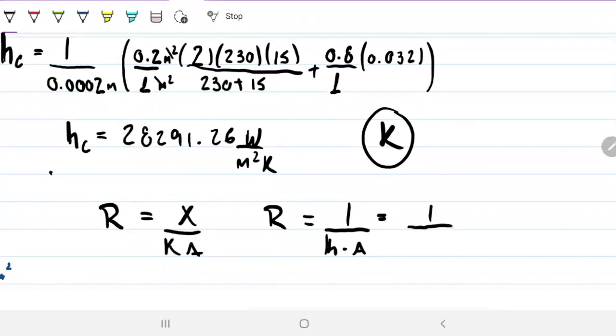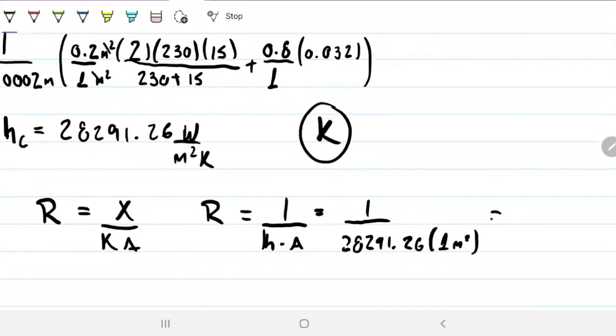So it will be 1 over 28291.26 times 1 meter squared. Meter squared goes away, we're left with Kelvin over watts.